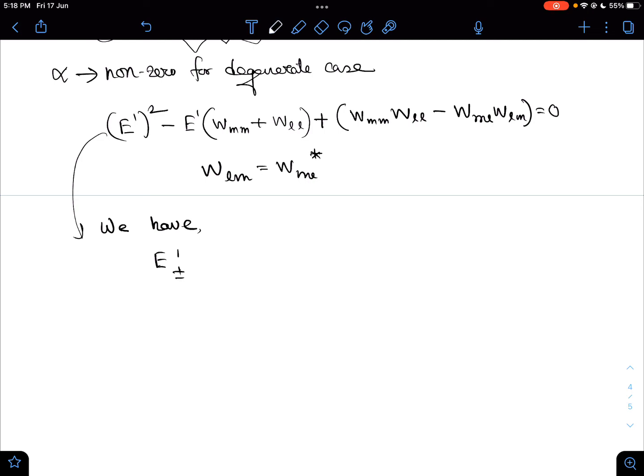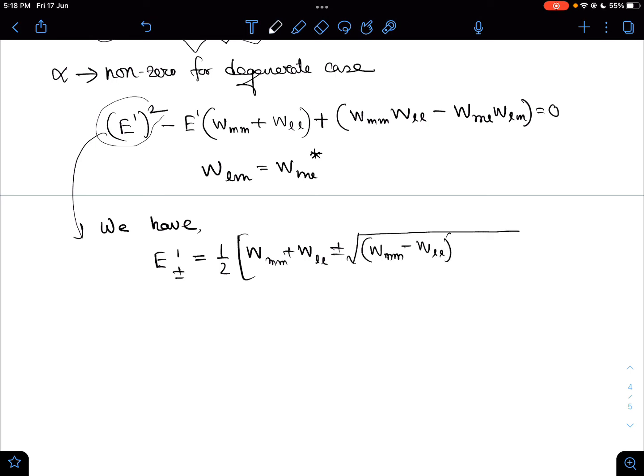Since this is a quadratic equation, it will have two roots, and the roots will be half of Wmm plus WLL plus minus the root of Wmm minus WLL squared plus 4 WML squared.